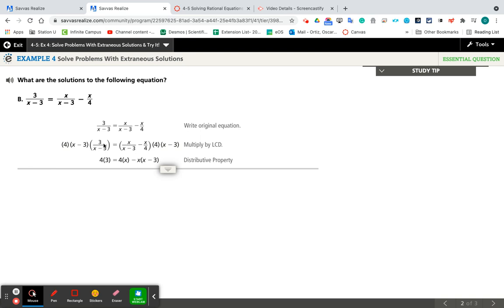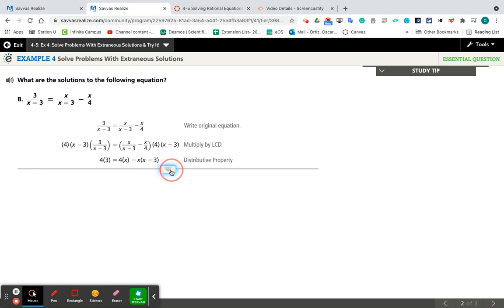So right here, after we cancel these two, we end up with 4 times 3. And on the right hand side, by doing the distributive property, when you multiply this product times the first, the x minus 3 cancels out, so you will only have 4 times x. And when you multiply this by the second, the 4 will cancel out, so you will have x times x minus 3.